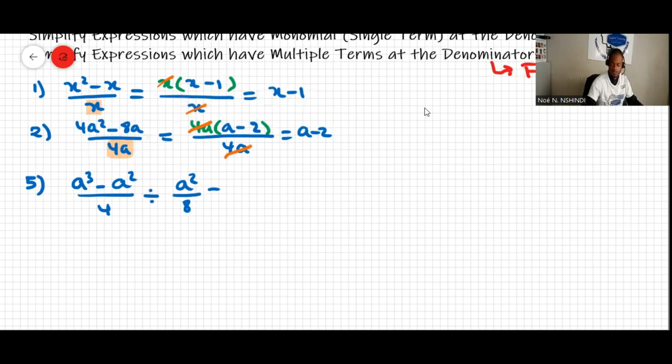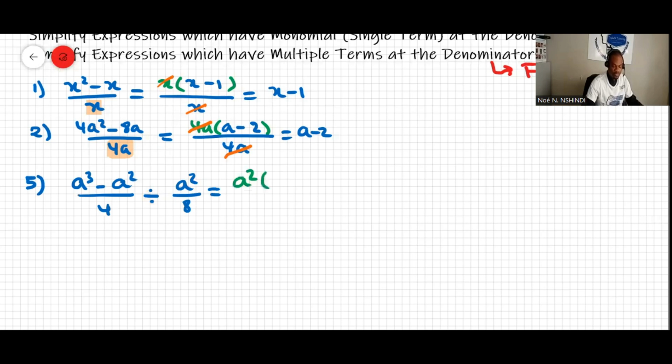Now we divide two fractions here. You know, there's a rule that says to divide fractions, we turn the division sign into a multiplication. But before we do, see that each fraction here has a single denominator, so we will factorize the numerator. Looking at the numerator here, you see that the highest common factor will be a squared.